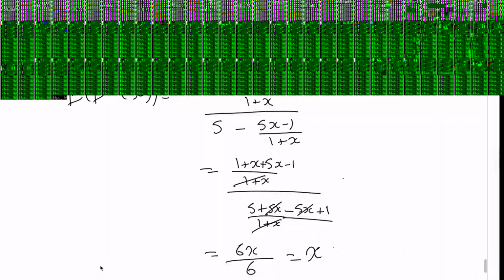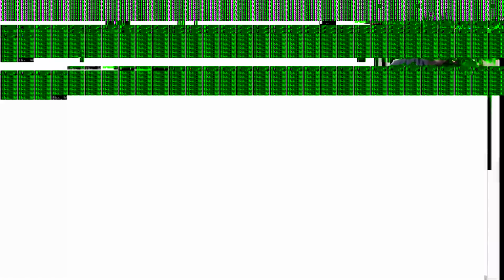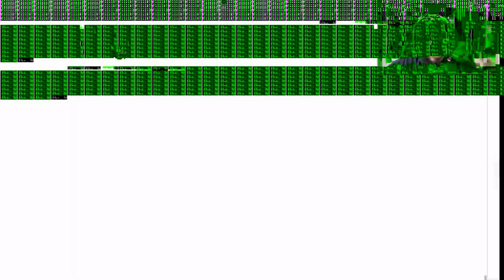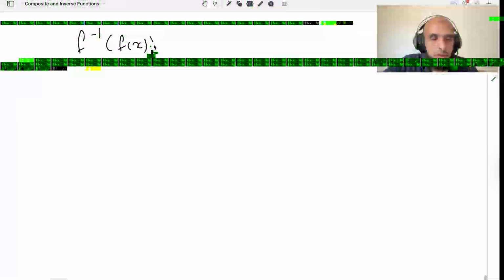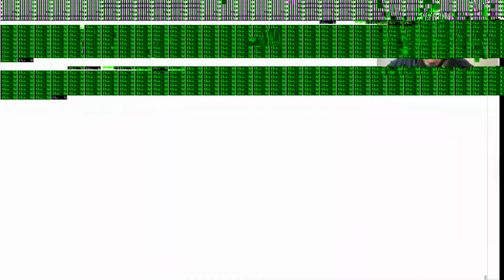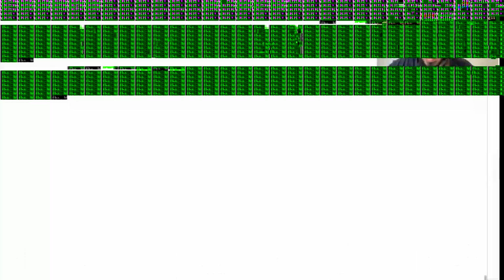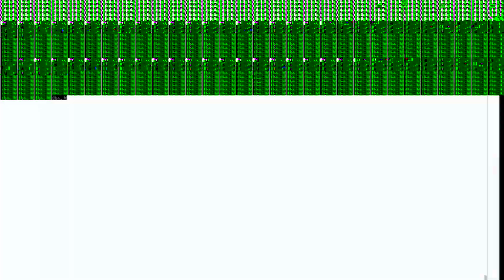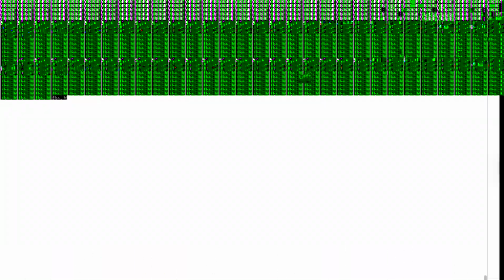If we do the opposite and apply f minus 1 on f of x, we get 5 times 1 plus x over 5 minus x, minus 1, divided by 1 plus x over 5 minus x, plus 1.